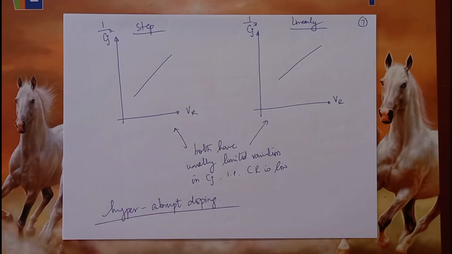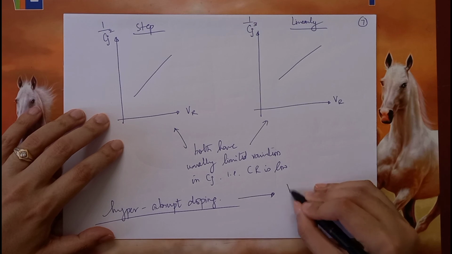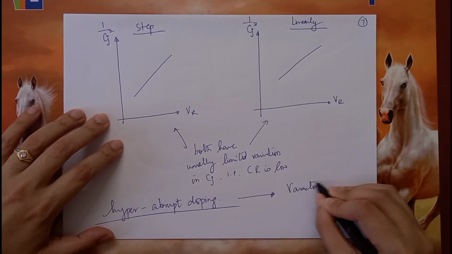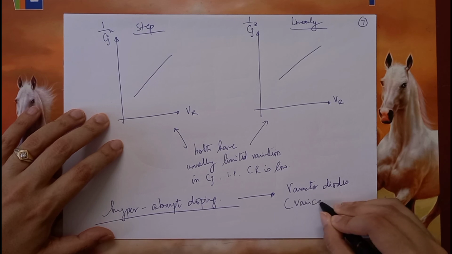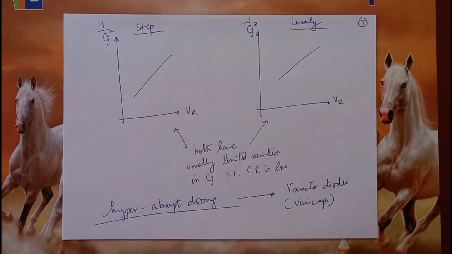Of course, there are many kinds of doping which are not step or linear. One of these examples is the hyper abrupt doping. And this kind of diode is called a Varactor diode, also called a varicap. Varicap means variable capacitance.